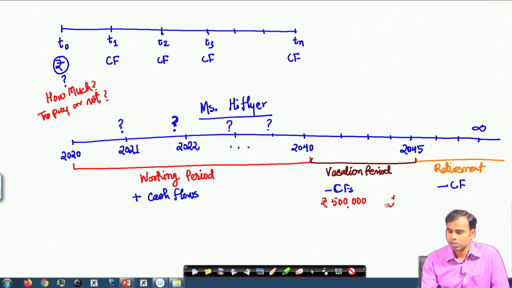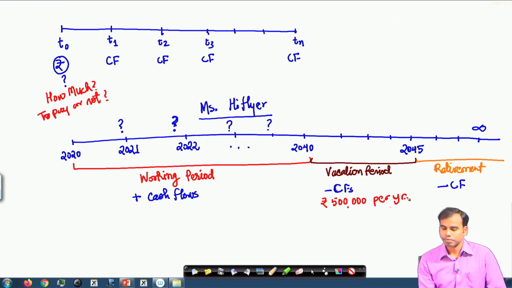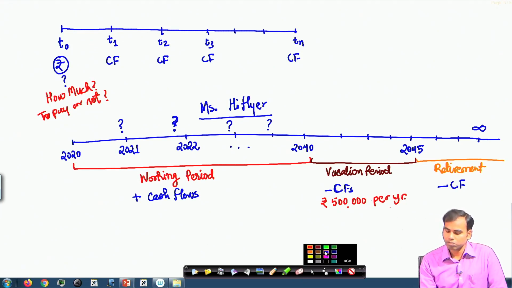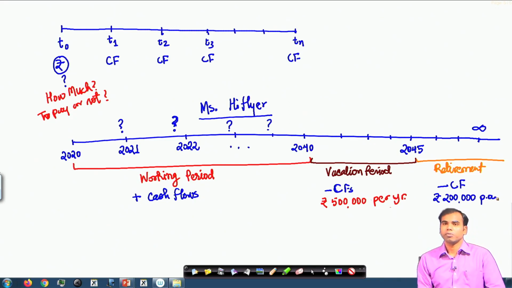So, it means that for every year of vacation she will spend 5 lakh rupees, and for retirement, although this is a very generous retirement scheme, she will still need 2 lakh rupees per year for her retirement plan.